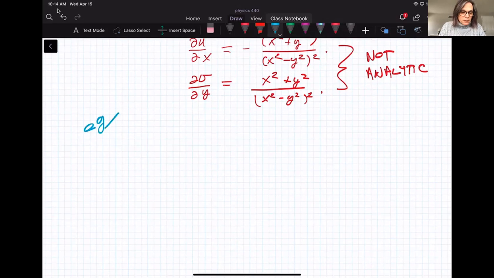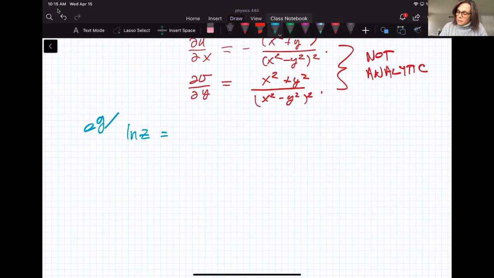Another example is the natural log of z. Your book does cover this, but does skip some steps. So we looked at 1 over z. That's not analytic. That means it doesn't have a derivative defined the way that we would in the complex plane. But what about ln of z?